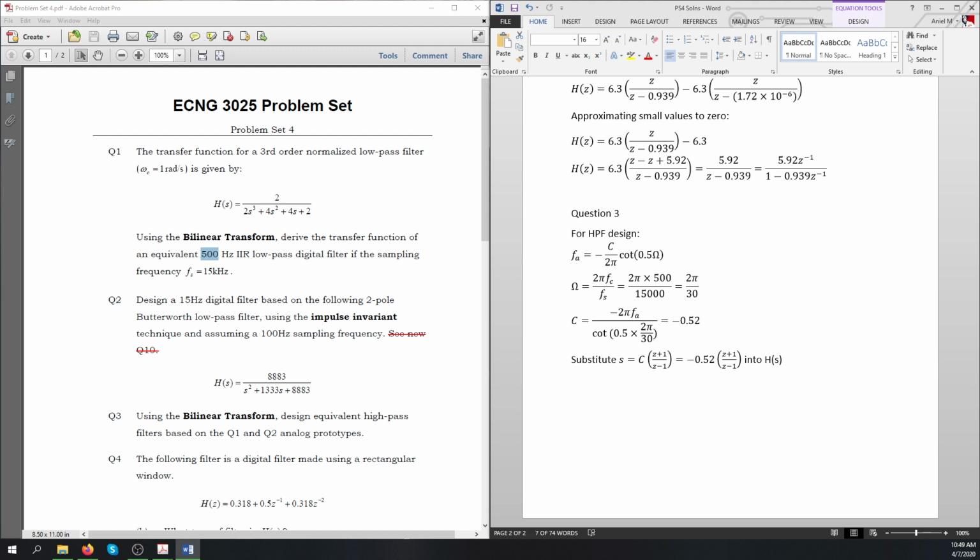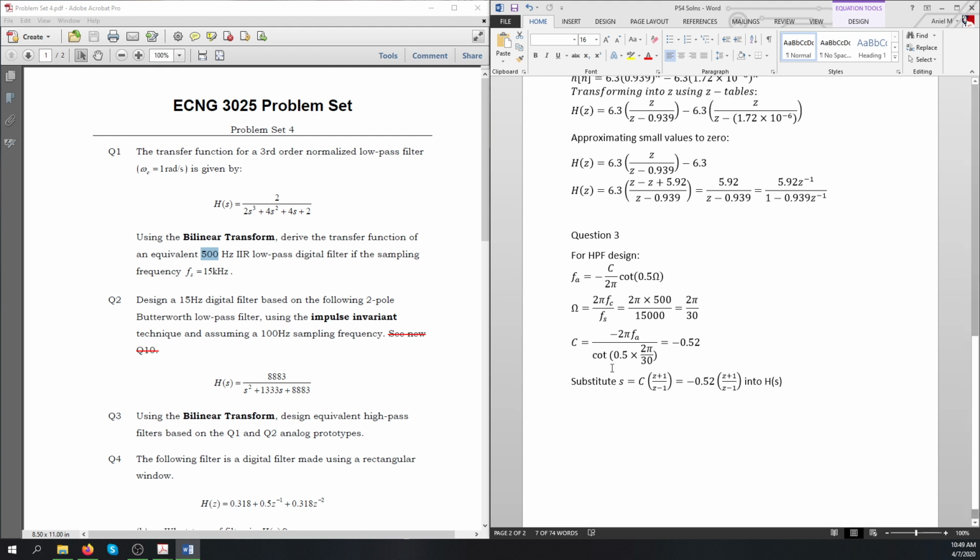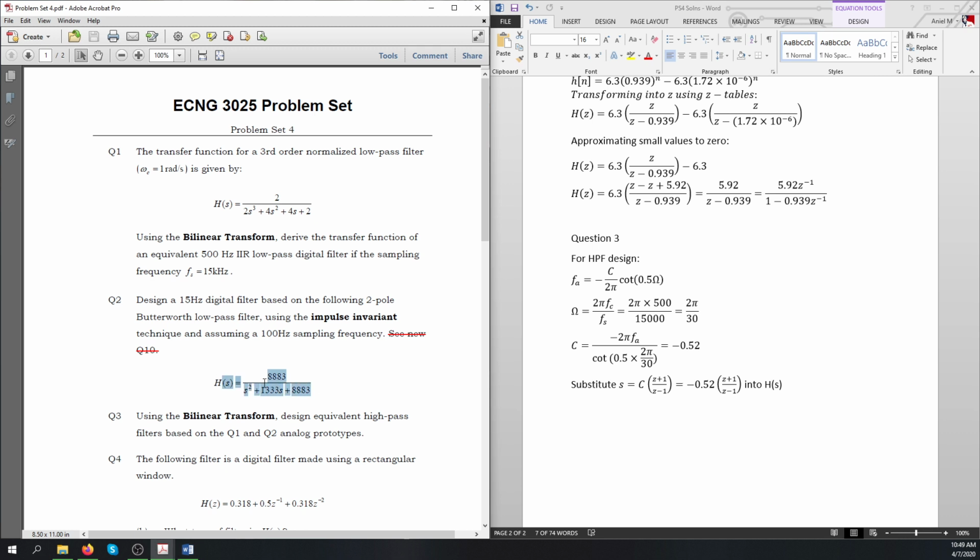The same process is also used for the second equation here, because they ask you to do the bilinear transform. You do the same steps with f of a. You calculate for capital omega, because capital omega here is going to be a little bit different.